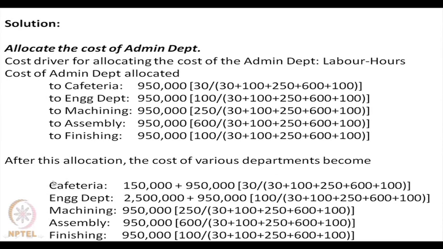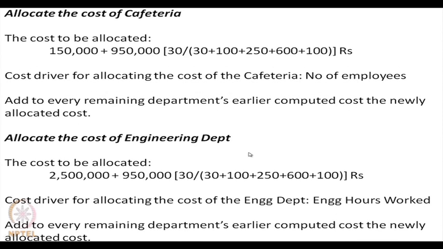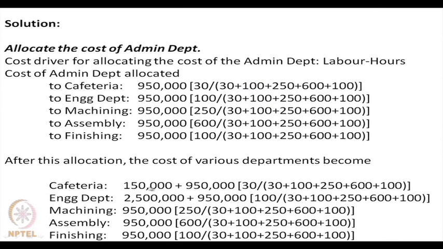Now that we know the cost of these departments, we will go for allocating the cost of cafeteria to the remaining service department and to the other 3 operating departments. The cost to be allocated is this, we got from here 150,000 plus all this.